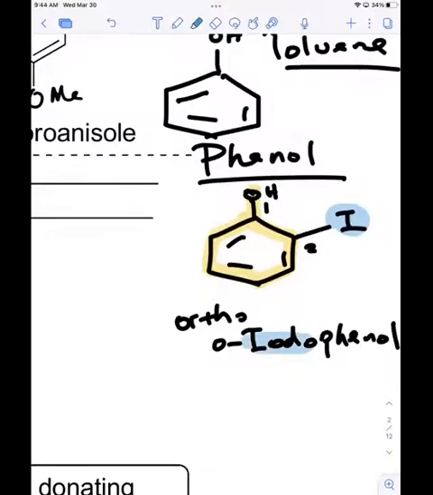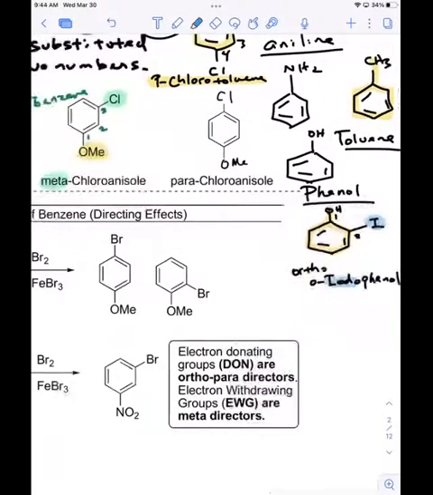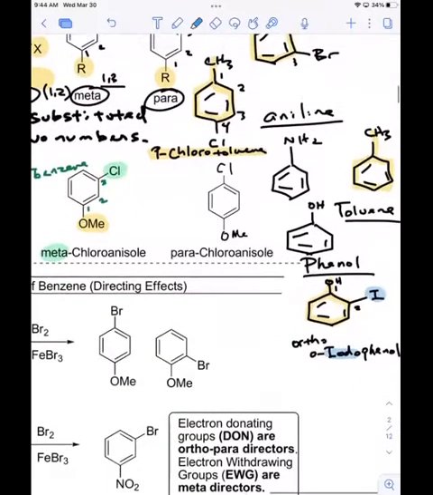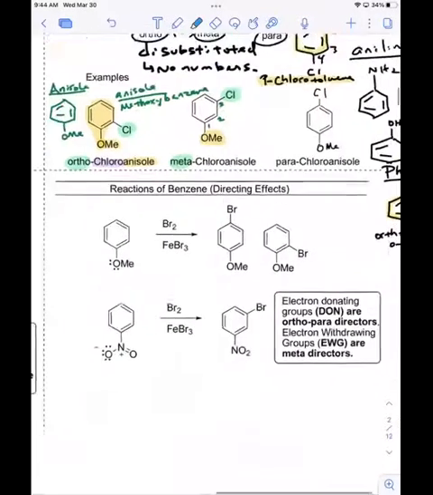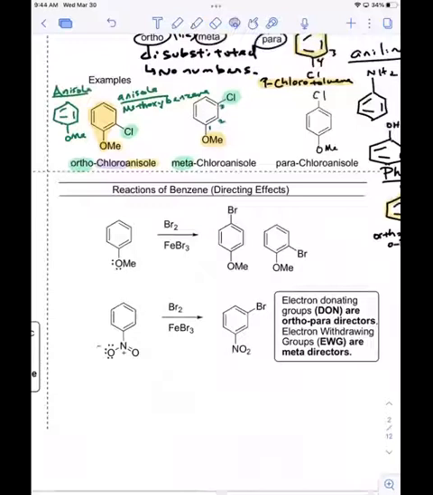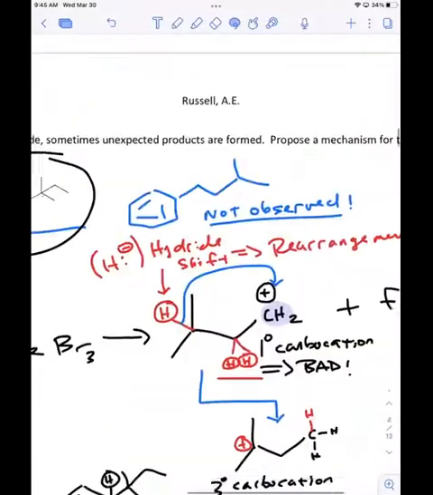All right, the reason why this is important is because now we're going to talk for a few minutes before we leave about reactions of substituted benzene rings. So that's this section right here. Let me cut this out because I don't want to squeeze all this information in this little box.